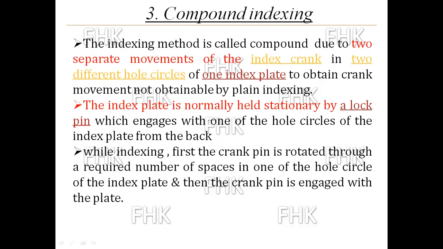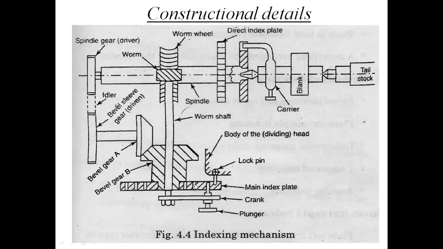So I show you the figure of the index crank. This is the main index plate, and this is the crank. This crank rotates either clockwise or anti-clockwise, and this rotation is transmitted to the workpiece through the worm shaft, the worm, and a gear assembly.